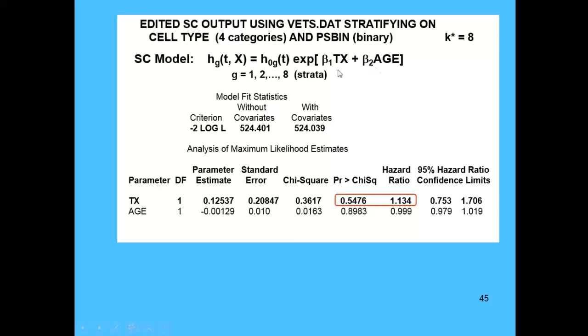You'd have to put a G subscript here. And that would mean that as G goes from 1 to 8, you're going to have to fit 8 separate models, by separating the data into the 8 strata, fitting separate models, and then combining that information to get the hazard ratio for the effective treatment on each one of these 8 strata.